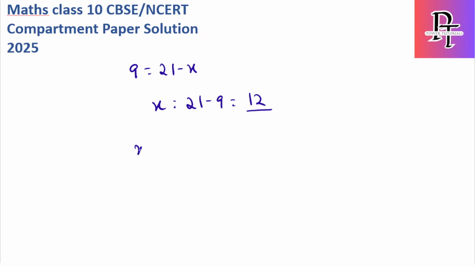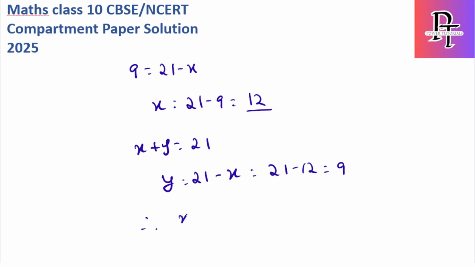Okay, so x plus y is equal to 21. So the y value is 21 minus x, which is 21 minus 12, equal to 9. Therefore, the x and y values are 12 and 9.